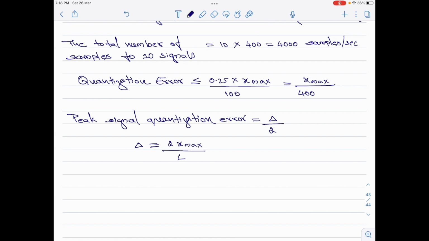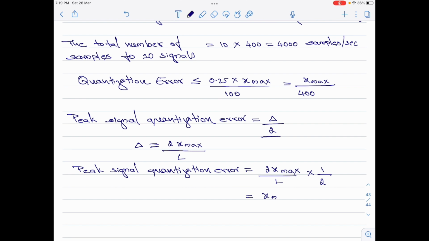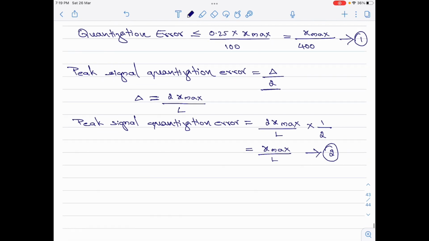Therefore, the peak signal quantization error is equal to, I'll substitute for delta, which is 2 into X max divided by L. Then we have a 2 in the denominator here, therefore it will be multiplied by 1 by 2. This simplifies to X max divided by L. Let me call the first quantization error equation 1 and the latest one equation 2. So we will now compare equations 1 and 2 and try to find the value for L.